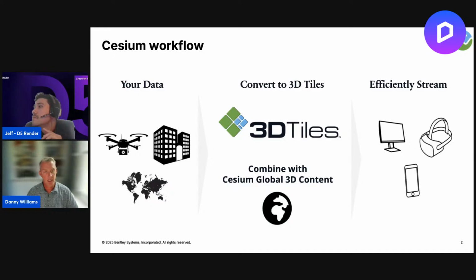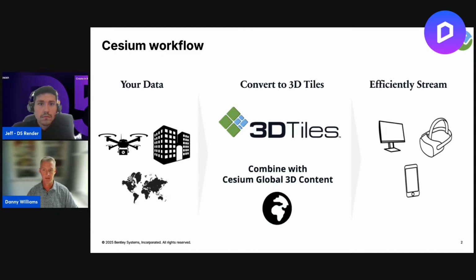But the idea behind the Cesium pipeline, the Cesium workflow, is that you, the user, can bring your own data to our platform. We have a server-based software platform that takes your 3D geospatial data and converts it into an open standard called 3D Tiles. 3D Tiles is a format that we created based off the glTF data format, but that we've then turned into an open standard.